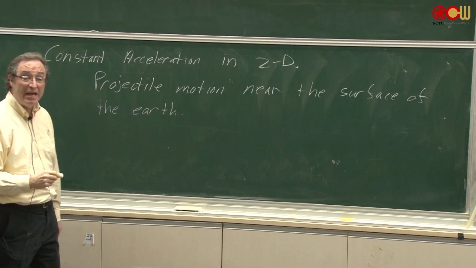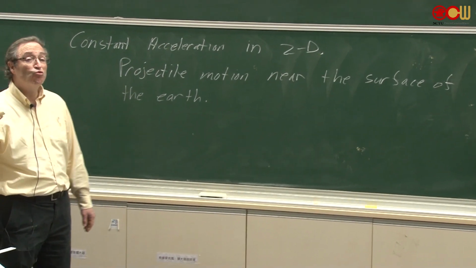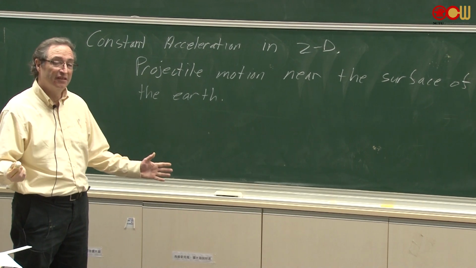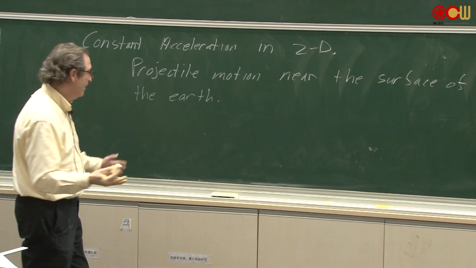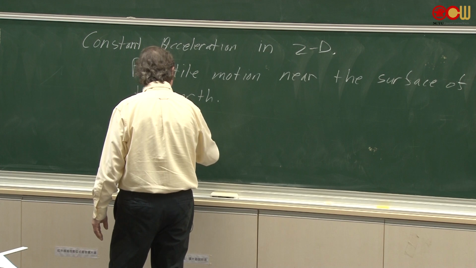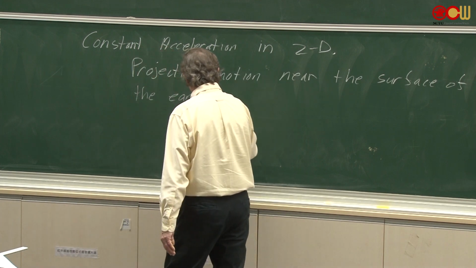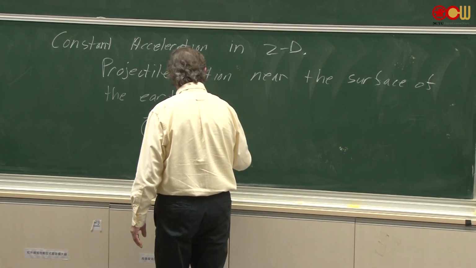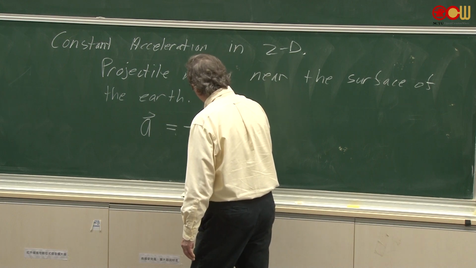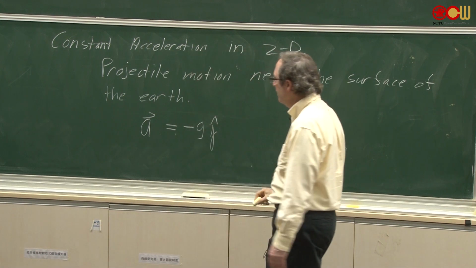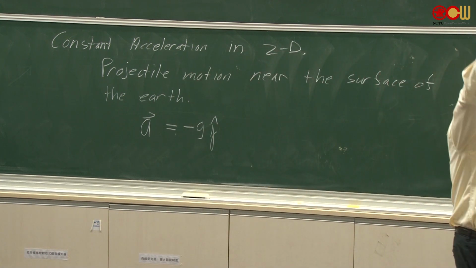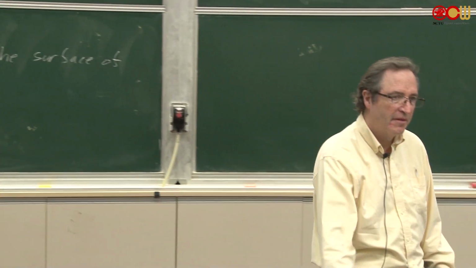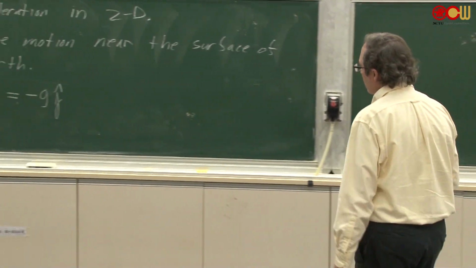All right, so what does that mean? It means I can write down the acceleration right away. So I have the acceleration a is minus g, and it's in the j hat direction, right? We're going to call j up and down, and x and y elsewhere.